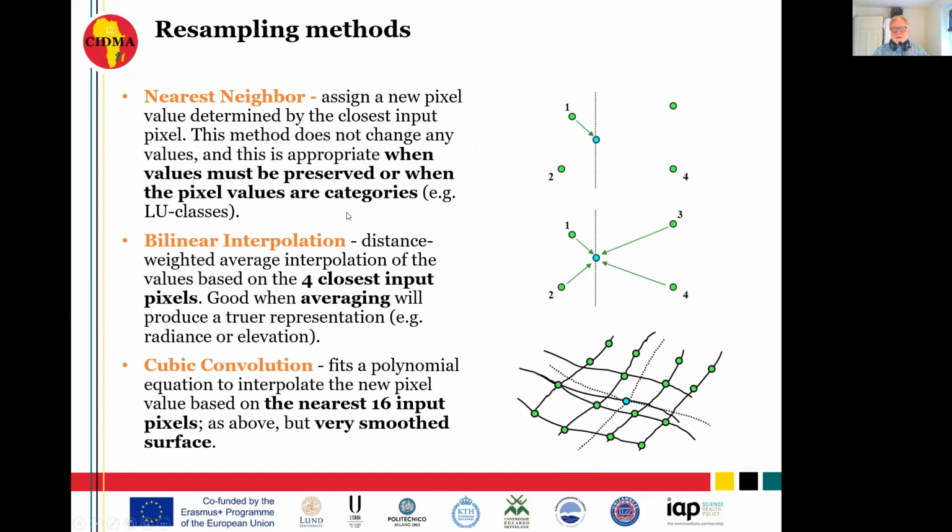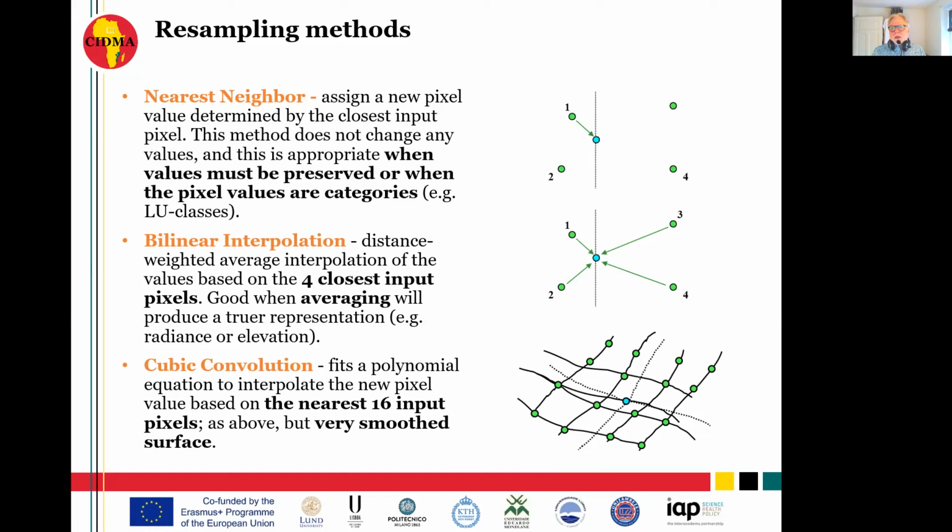We have the nearest neighbor. So that would mean if this is the new pixel position, it will get the value from the closest pixel that is close to it. It's a quick way for the GIS program to use, and it doesn't change the values. So the values are still the same.